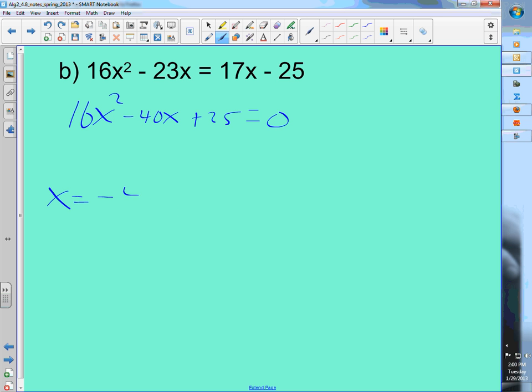going to equal the opposite of negative 40 plus or minus the square root of negative 40 squared minus 4 times 4 times, what was the third one?